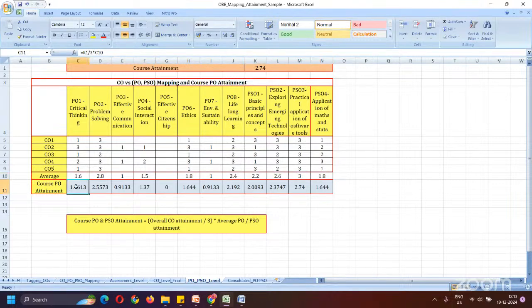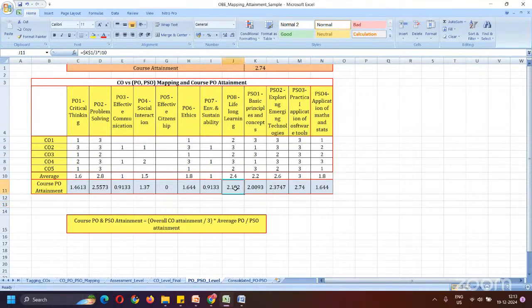And the PO attainment, how will I calculate it? The overall course attainment 2.74 divided by 3. Out of 3 I have set it into an average value, so that I can define that PO1 is attained using this course at 1.46 level. That is the course level PO attainment.